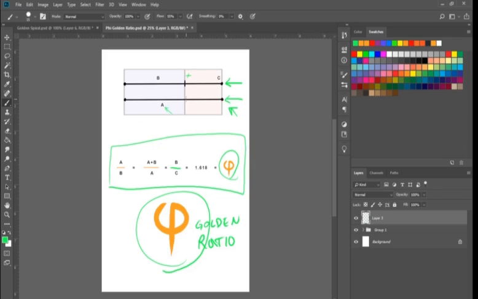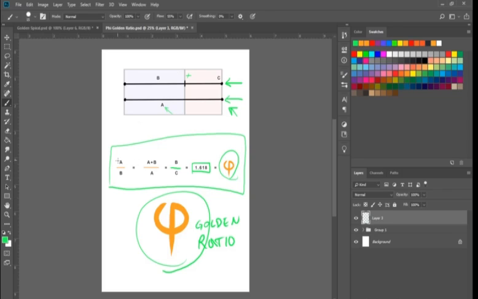So if A equals 1.618 inches, B equals 1, and then we can figure out this equation using that.